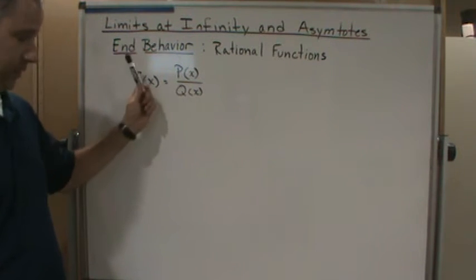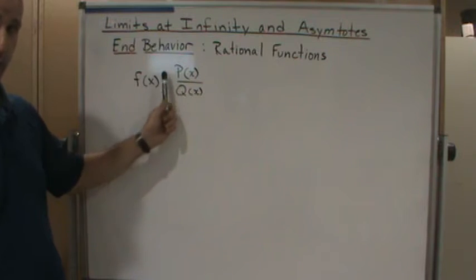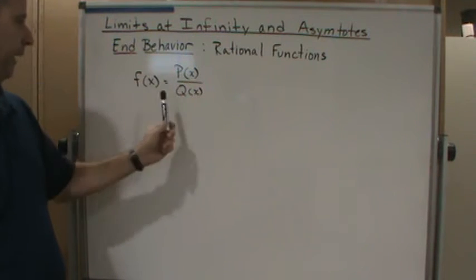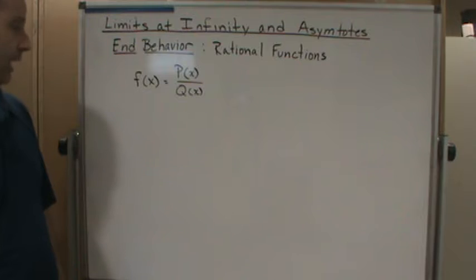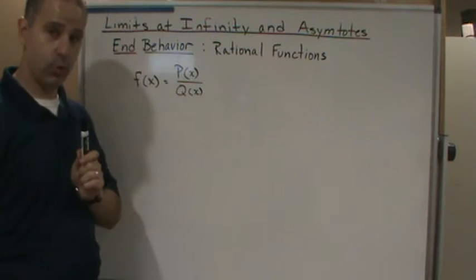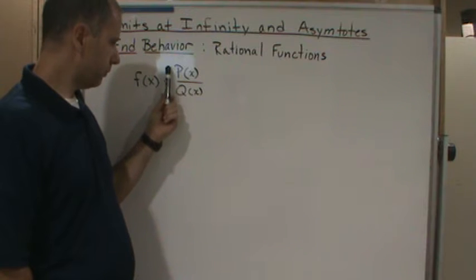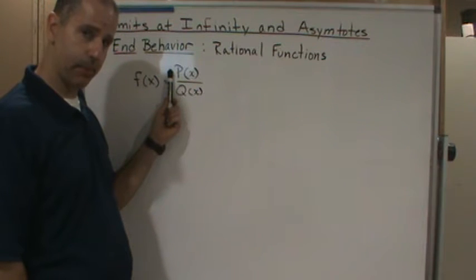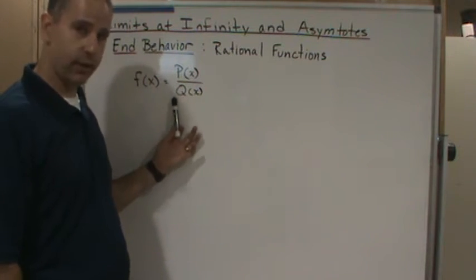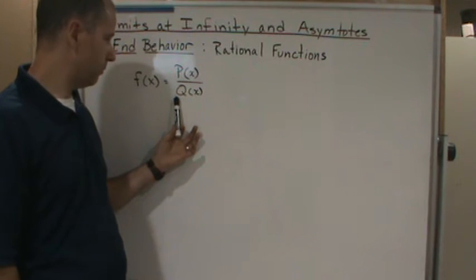Okay, so remember, a rational expression is where we have a ratio of two polynomial functions. Now remember, the relationship is between the degrees. If the degree on the top is bigger than the degree on the bottom, then guess what?